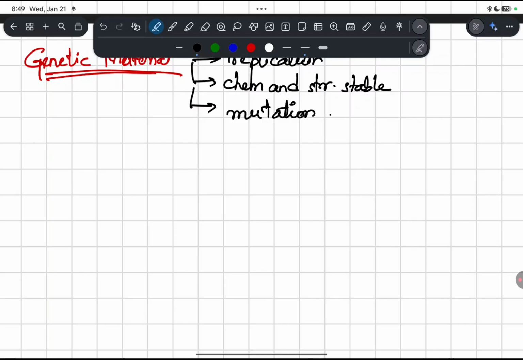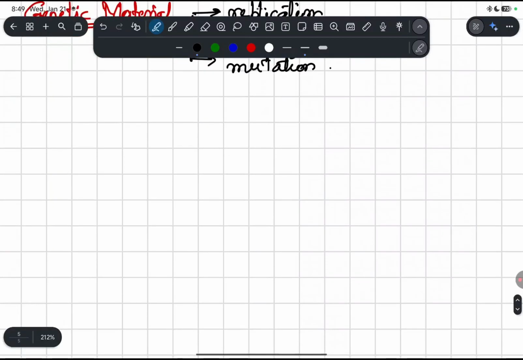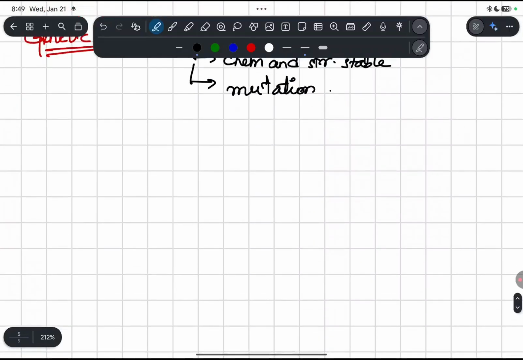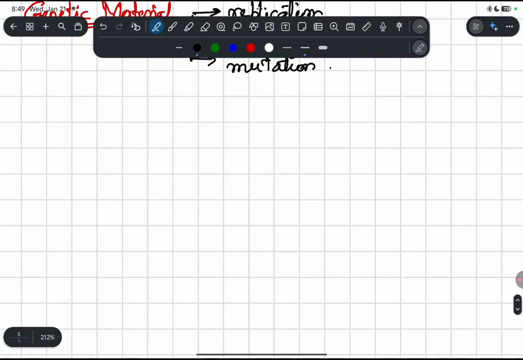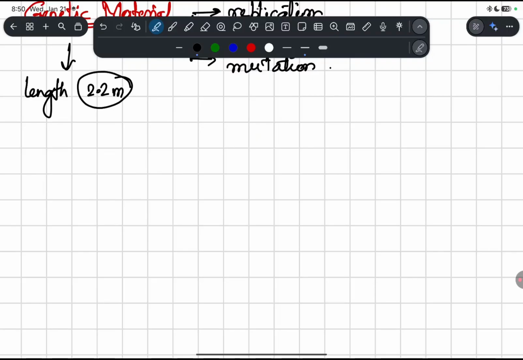Previously I said that inside the nucleus there is chromosome, and in the chromosome there is genetic material. So what is the length of an entire DNA? It is approximately 2.2 meters, right?